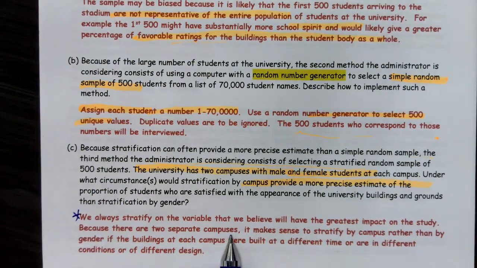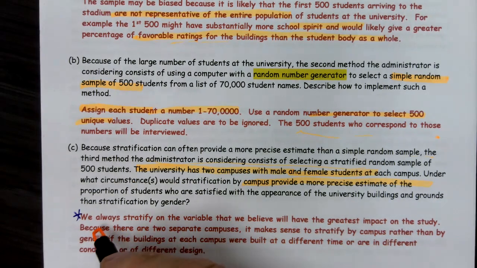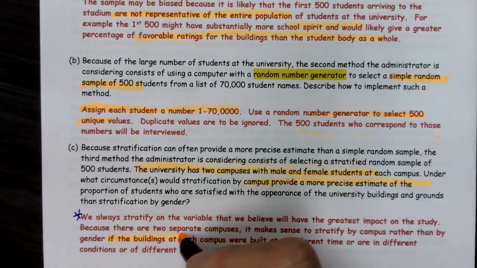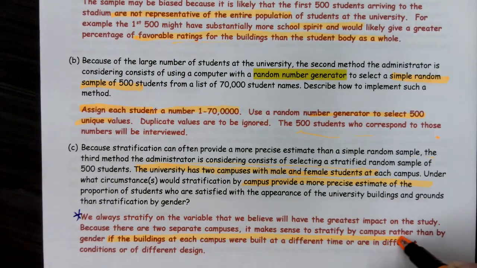Because they're two separate campuses, it makes sense to stratify by campus rather than by gender if, and here's my reason, I made it up, I don't know what they actually have, the buildings at each campus were built at a different time or in different conditions or of different design. Because, hey, I may not like that one design, but the old campus, I love their design, but I don't like the new design. Or vice versa.